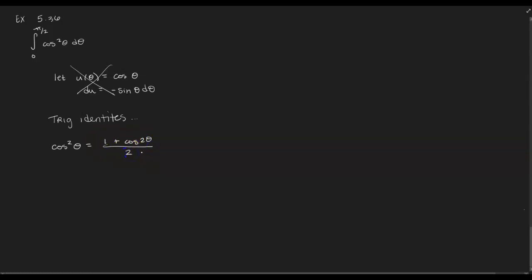So the first thing we're going to do, after we've recognized that a U-substitution right out of the gate is not helpful, is we're going to rewrite our integral, still keeping everything in terms of theta so far, but instead of cosine squared, we'll write 1 plus cosine 2 theta over 2. Now from here, we can use a little bit of algebra to clean it up.